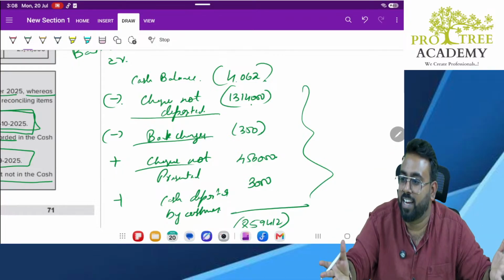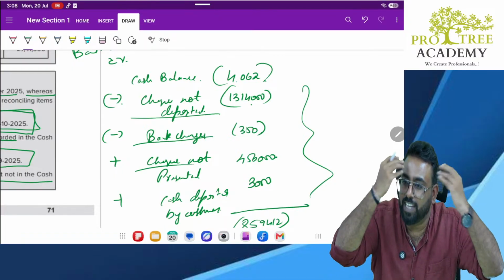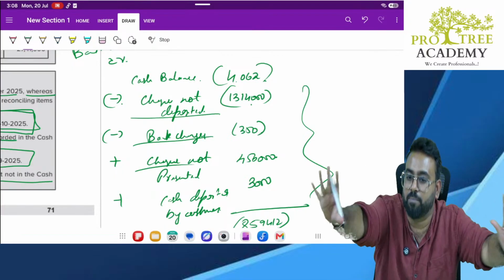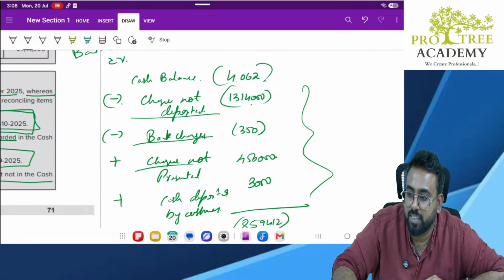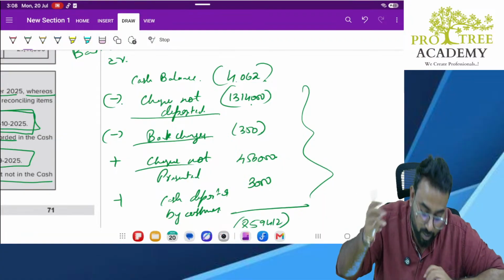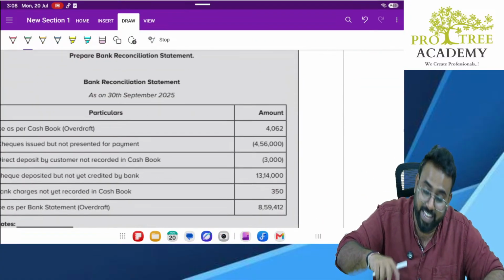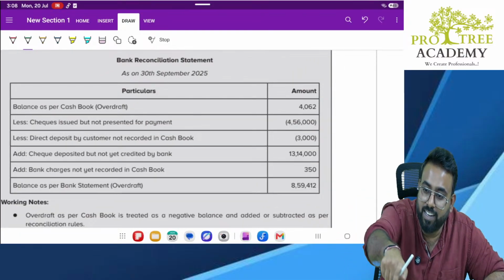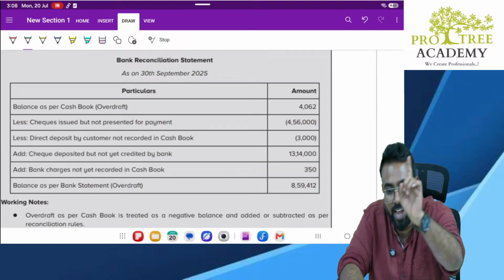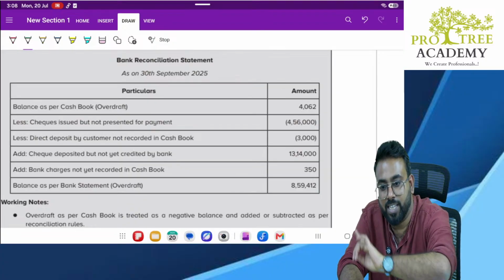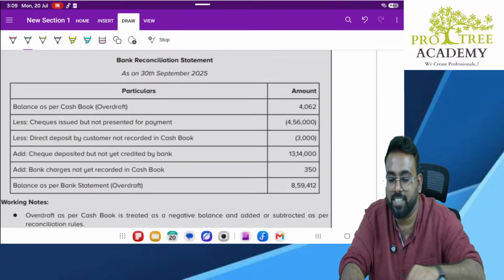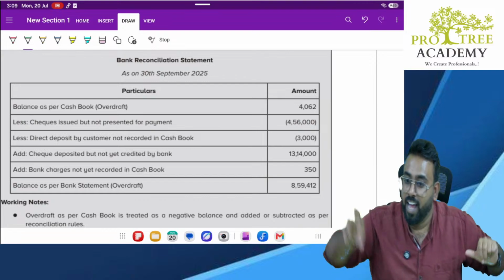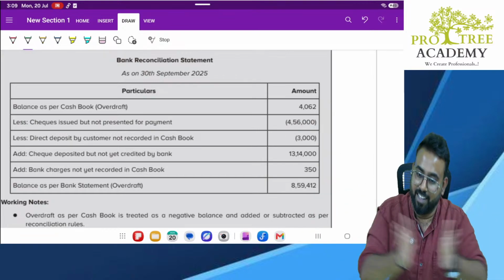The concept is the same, sir. Whether your balance is minus or positive, the concept remains the same. Clear? Now you go to your solution. What mistake you did, you have made a mistake, but the institute has done it correctly. But what you have done is, half you took my method, half you took the institute method, gone.